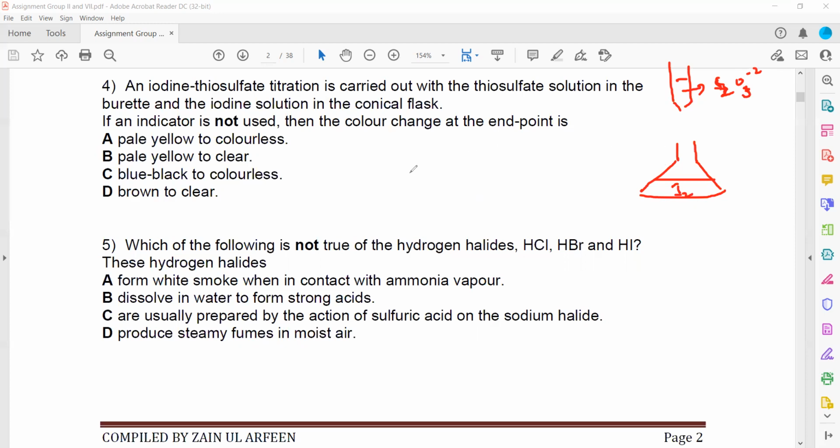When iodine reacts with thiosulfate, the iodine molecule is converted into iodide. Iodine in the absence of starch is either orange or yellow. If it is at high concentration, even brown is acceptable. So you can say yellow or you can also say brown.